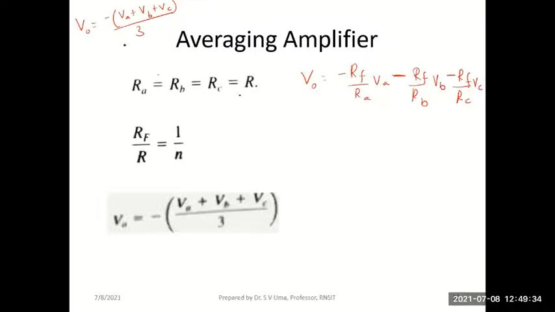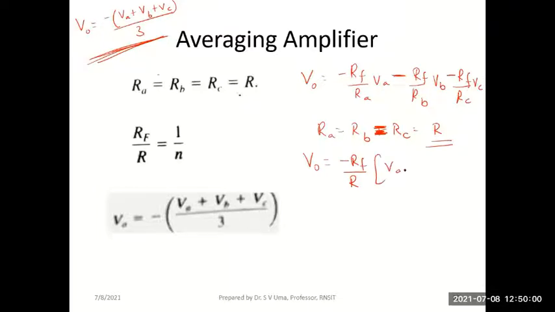If I want an output voltage expression like this, first thing I should do is equate RA, RB and RC to some resistance R. Then V0 becomes, I can take out the common factor minus RF by R in all the three terms, and I will have VA plus VB plus VC inside the brackets.